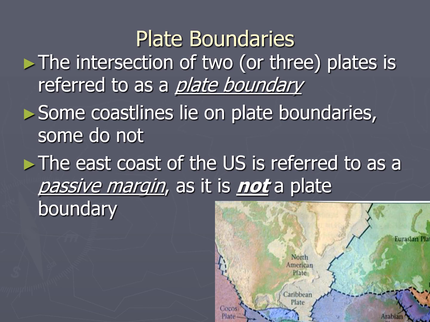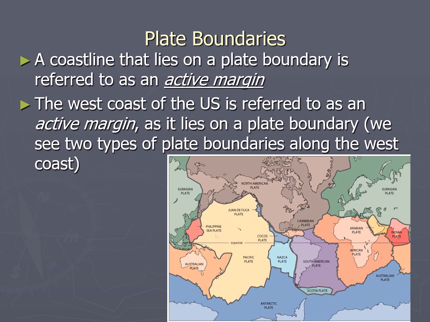We don't tend to have active volcanoes here, and we don't have nearly as much earthquake activity as the West Coast. Again, a coastline that lies on a plate boundary is referred to as an active margin. The West Coast is an active margin. It lies on 2 plate boundaries, the San Andreas Fault and the Cascadia subduction zone.